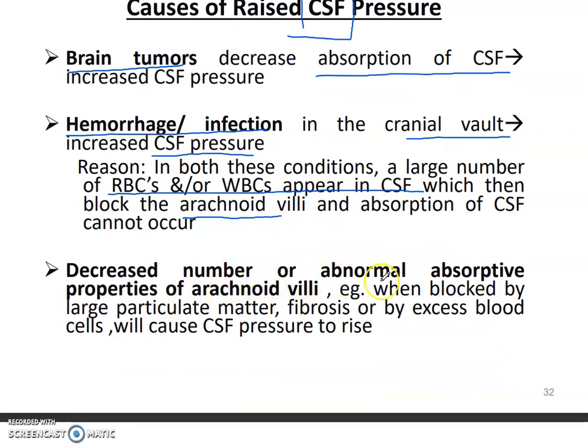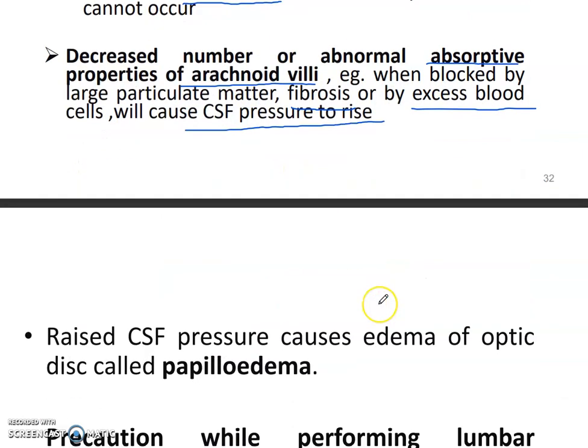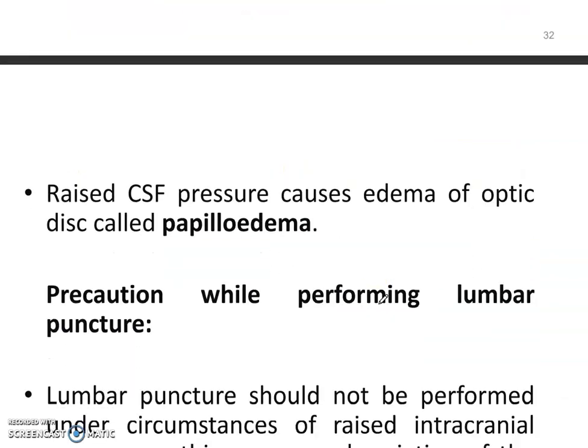A decreased number or abnormal absorptive properties of the arachnoid villi, when blocked by large particulate matter, fibrosis, or by excess blood cells, will cause CSF pressure to rise. Raised CSF pressure causes edema of the optic disc called papilloedema.